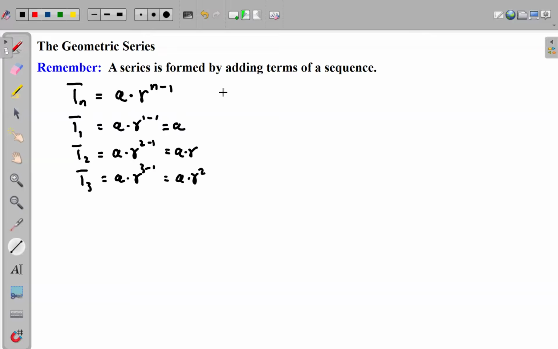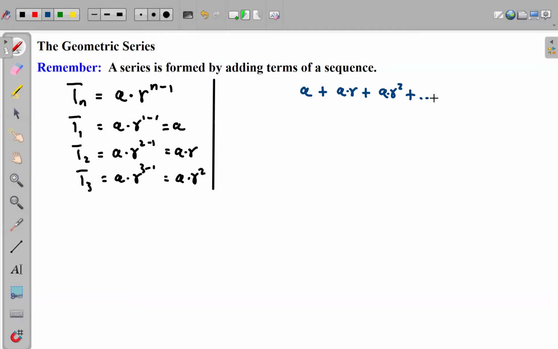So if you joined that lesson when I was deriving the sum for the arithmetic, you will remember the story of Gauss, right? So check this out. If I have all these terms, I'm sure you can tell what's going to happen now. So if I have all these terms, A plus A times R plus A R squared, doesn't matter whether I write that dot or not. If you like, you may want to include A R cubed, it's up to you.